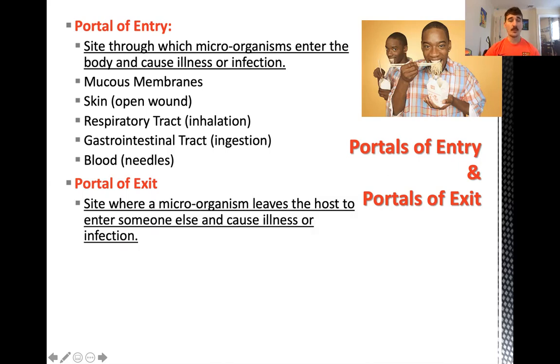A portal of exit is a site where a microorganism leaves the host to enter another person and get them ill. So if I have a bad common cold and I'm not staying home, I'm coughing all over the place. It left my body, and now it's infecting someone else, and they're going to wind up getting sick because of me.